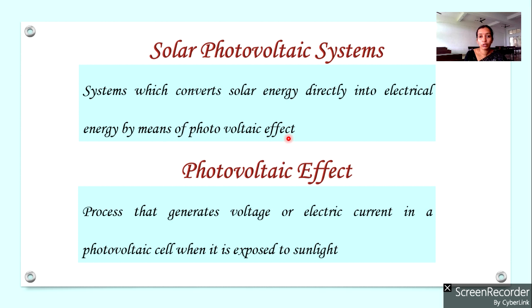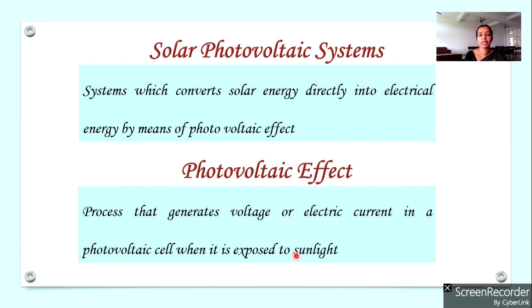Now what is the photovoltaic effect? The photovoltaic effect is a phenomenon by which voltage or electrical current is generated in a photovoltaic cell when it is exposed to sunlight. When solar radiation falls on it, it will generate electrical current and voltage.